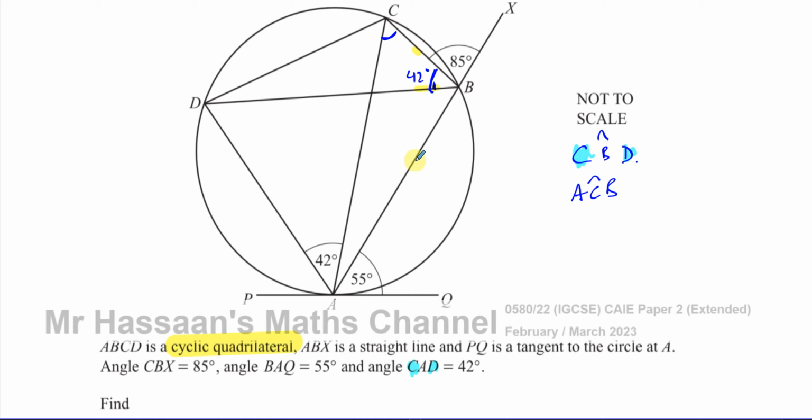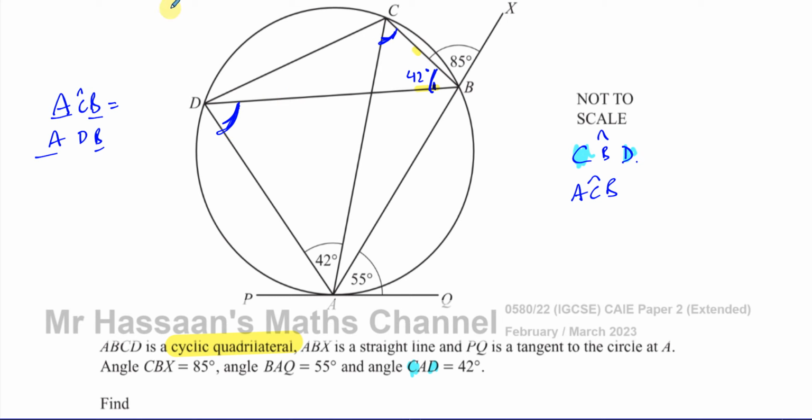I'm just going to see whatever comes to my head. I can see that angle ACB is the same angle as angle ADB. Again, they're starting from the same A and B. So this angle is the same as that angle. If I can find this angle, then I will be able to find this angle.